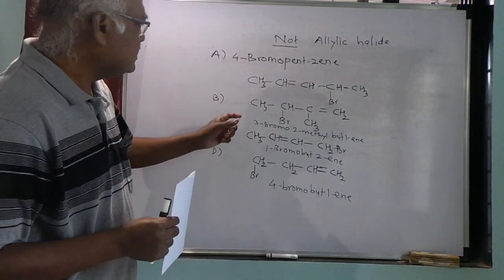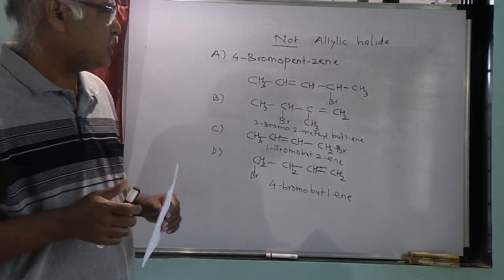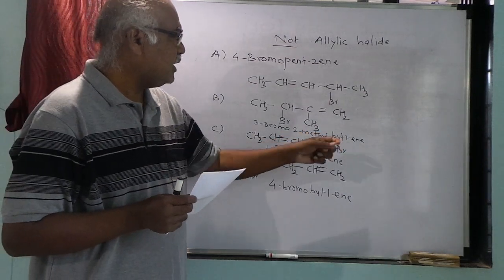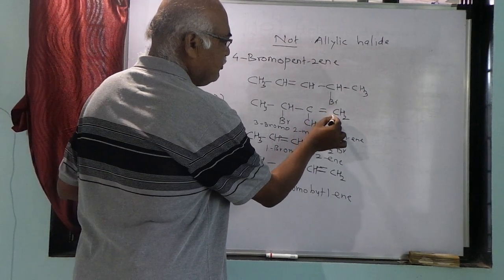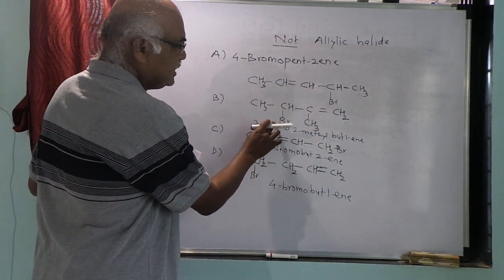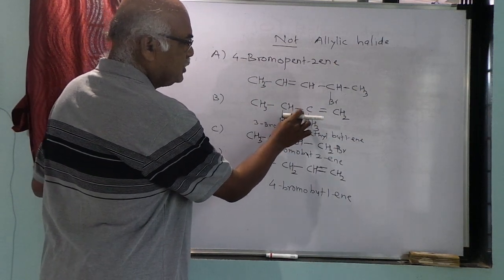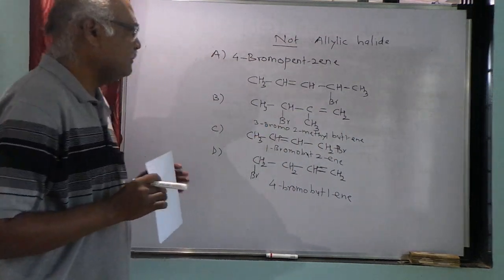The second option is 3-bromo 2-methyl but 1-ene. When you say but 1-ene, that means there are 4 carbon atoms and there is double bond on the first carbon atom, and then on carbon atom number 3 there is bromine, on carbon atom number 2 there is methyl. So this is 3-bromo 2-methyl but 1-ene.